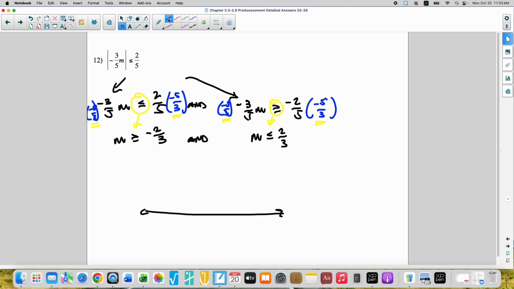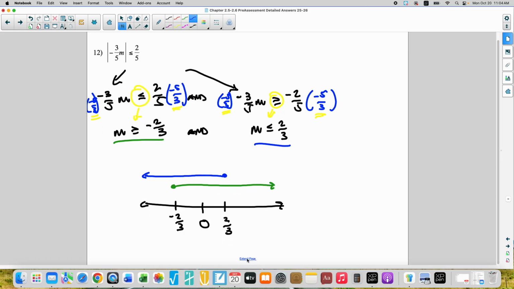Okay. Here we are, negative 2/3, 0, and 2/3. Let's do this one in green. Closed circle, greater than. This is closed circle also, and less than. So it's an and statement.